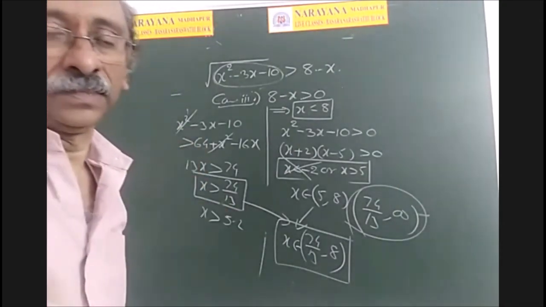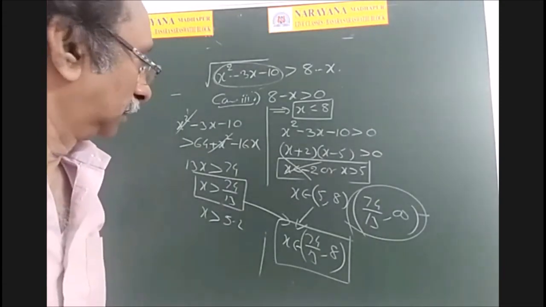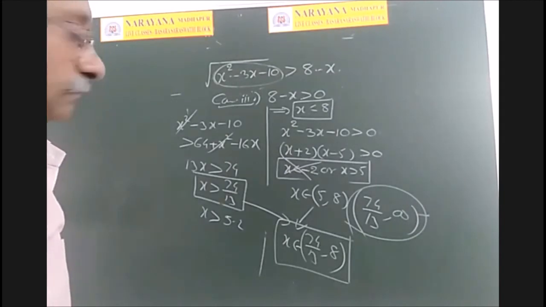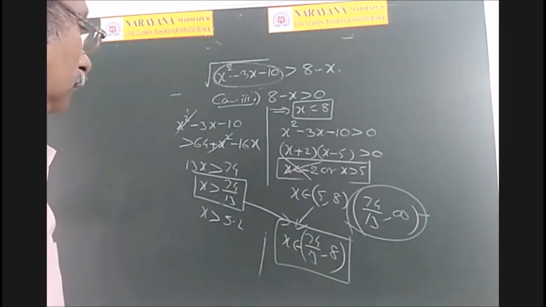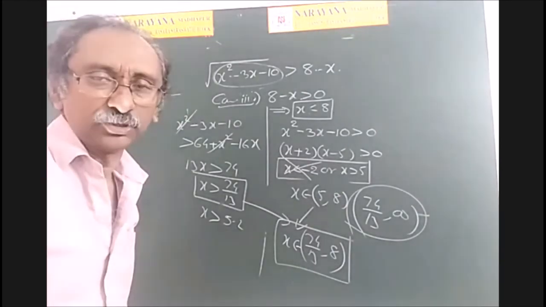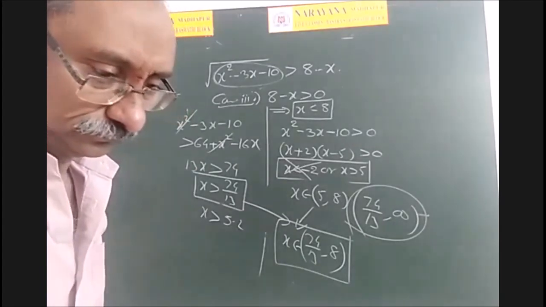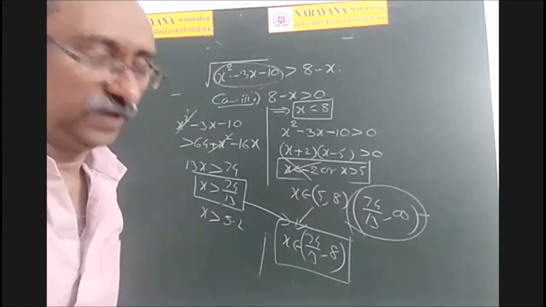X is greater than minus 2 on the... Huh? Hello sir. X is greater than minus 2, na sir. What is that, Rishikesh? X is greater than minus 2, na sir, here. Why? Minus 2 on the right side.